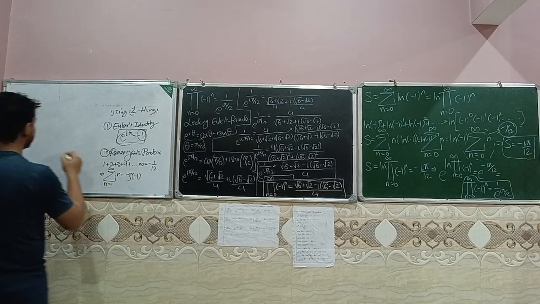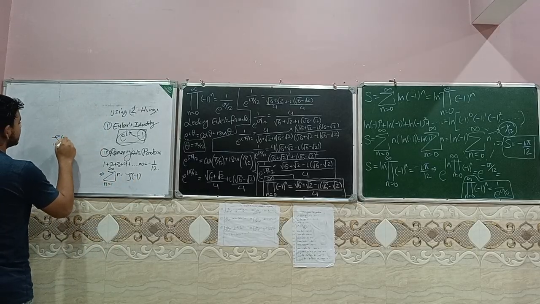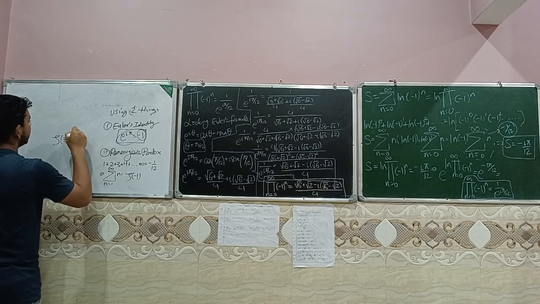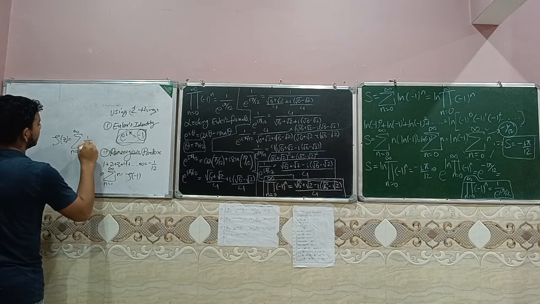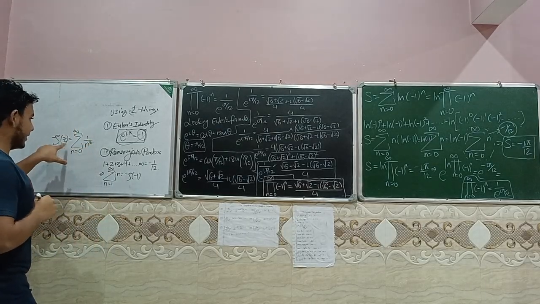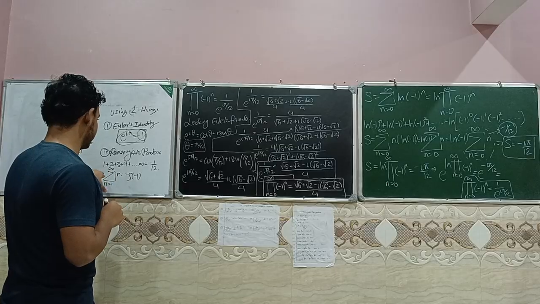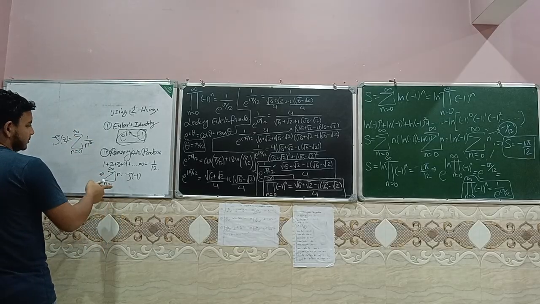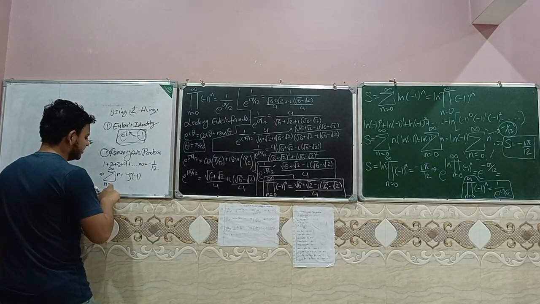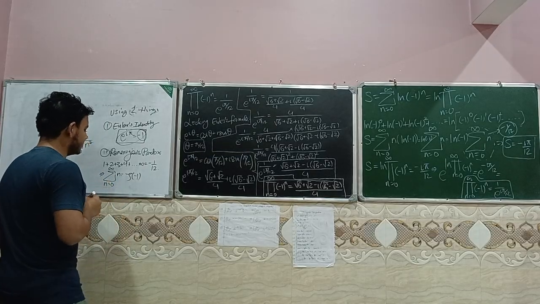I hope you know what the Riemann zeta is. Riemann zeta of z is the summation from n equals 0 to infinity of 1 upon n to the z, right? When you plug in z equals -1, you have this summation. When you plug in n equals 0, it's just 0, so there's no need to write it from 0 to infinity.